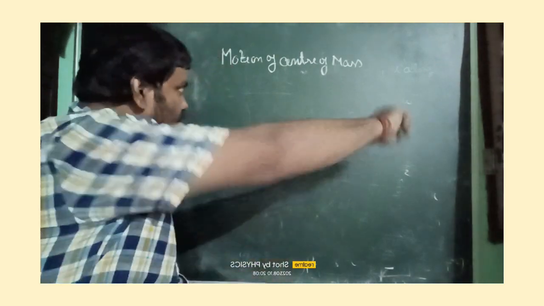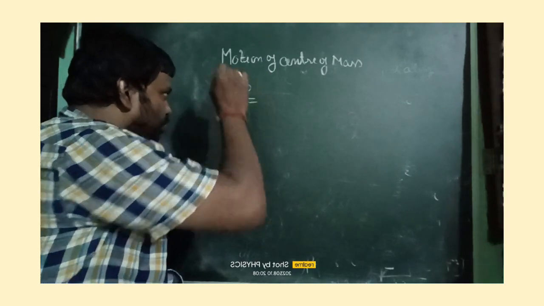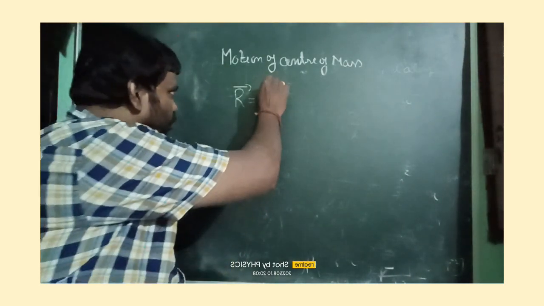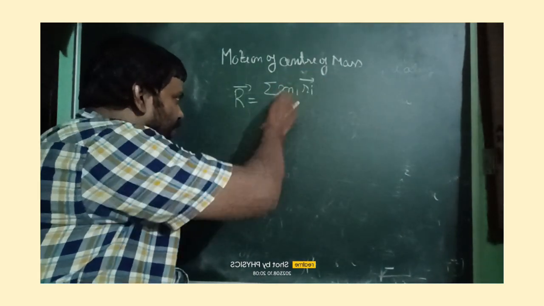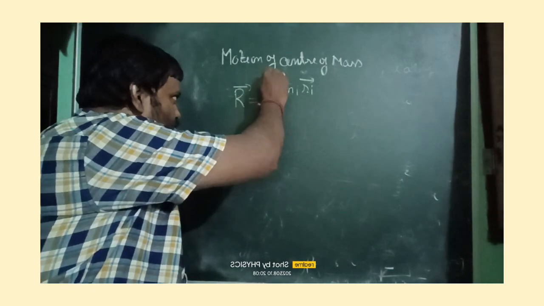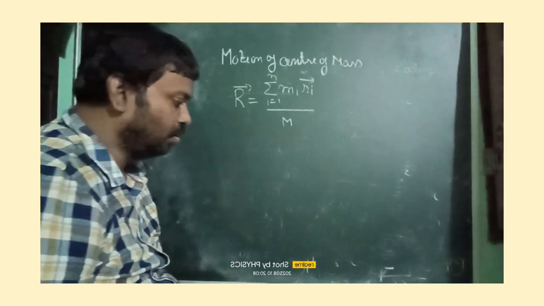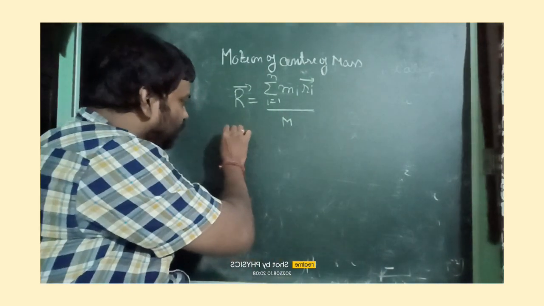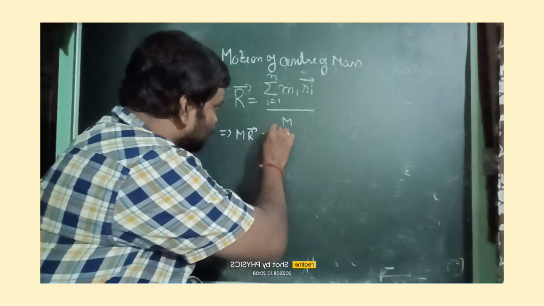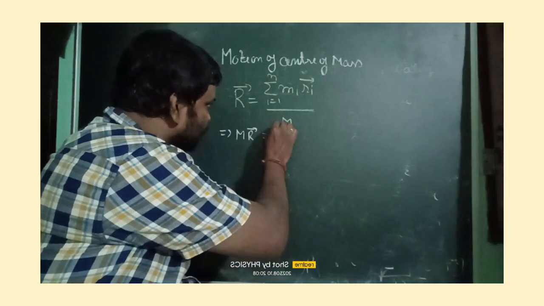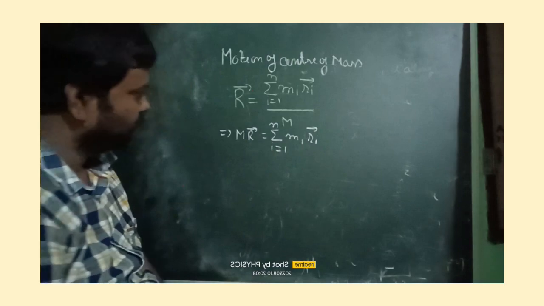Here R is the position of the center of mass. R equals summation of mi ri vector, i equals 1 to n, divided by m. Now multiply the m with r. We have m r vector equals summation of i equals 1 to n of mi ri vector.